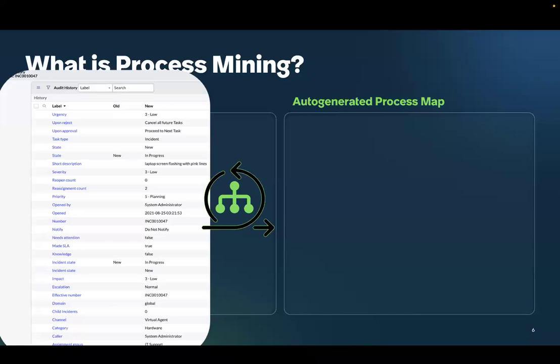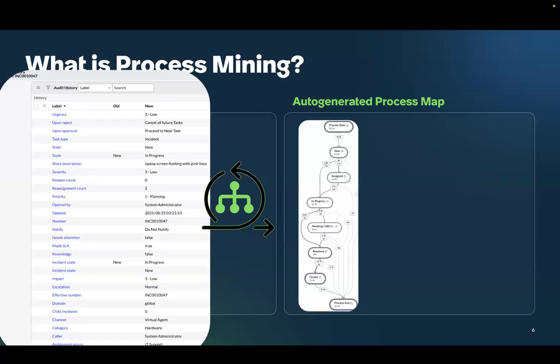So if you point your process mining to the state field of a record, then you'd have something like this. The beautiful map here shows how your records have transitioned from new to assigned to in progress and finally to closed. It shows how many records flowed through and how much time on average it took them to go from new to closed.